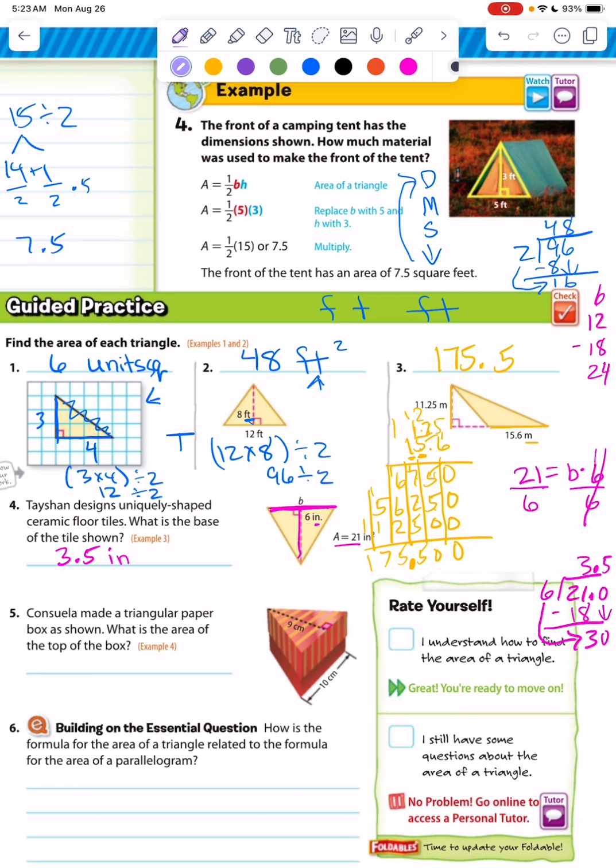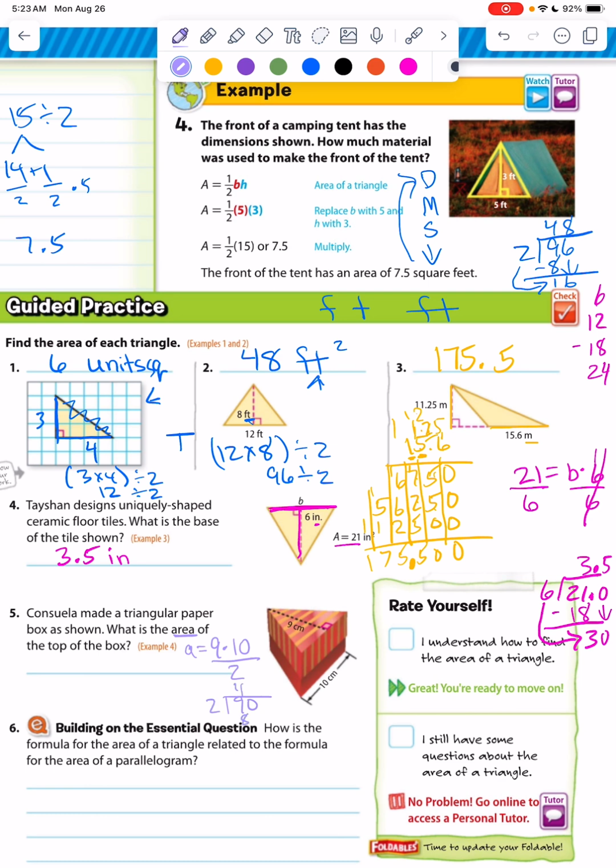So this is going to be, where can I put this? Maybe right here. We know the height and the base. We're just finding area. So area equals 9 times 10 divided by 2. So that's 90 divided by 2.